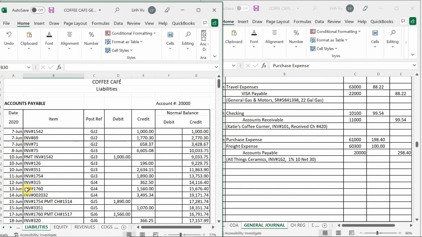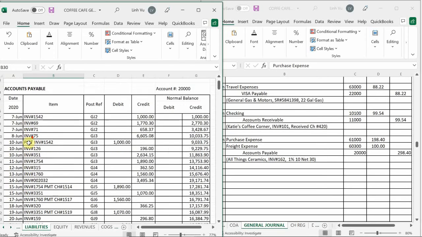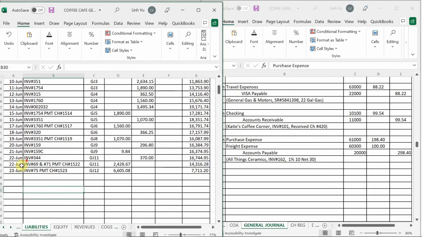So we also have to update our accounts payable because now we're owing more money. But we have to. We don't have a choice, right?